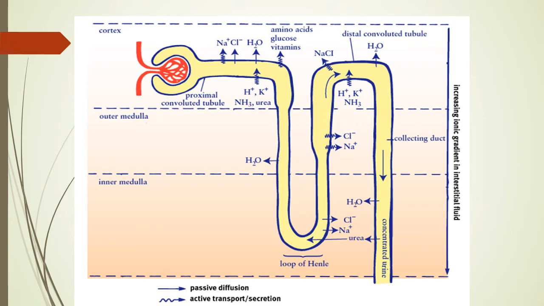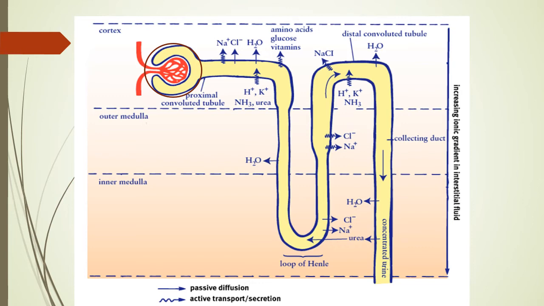So this is a structure, we already know the name. Outer side cortex, inner side medulla. Here the tuft of capillary, we already know the name, glomerulus, and the covering is Bowman's capsule. Our kidney is so efficient that each and every day it filters 180 liters per day.